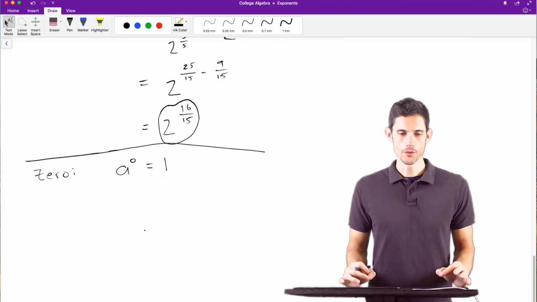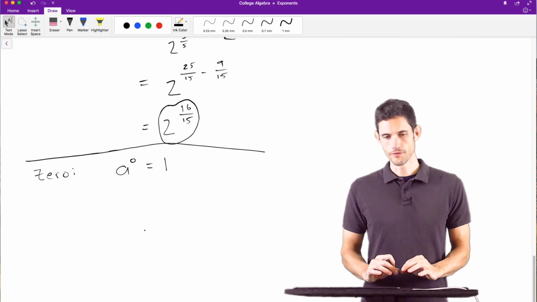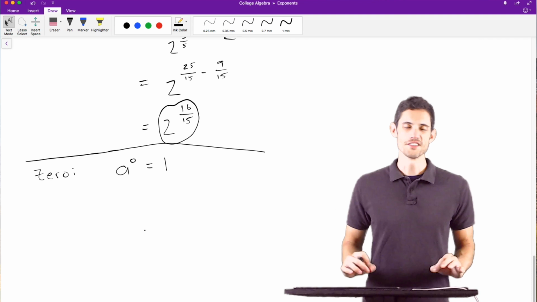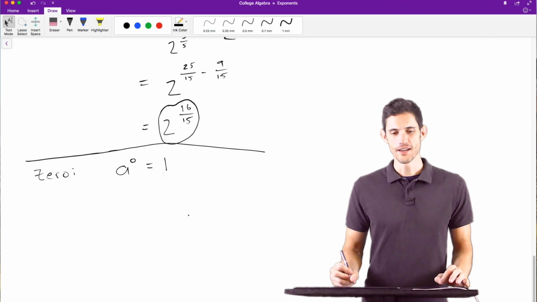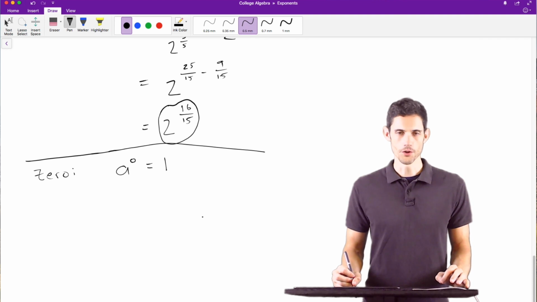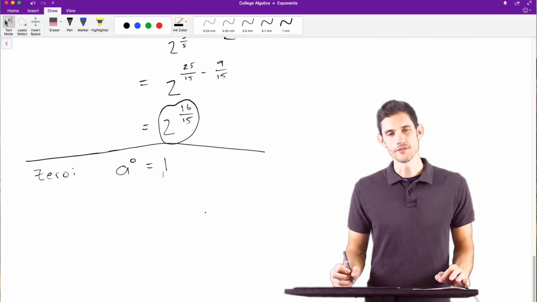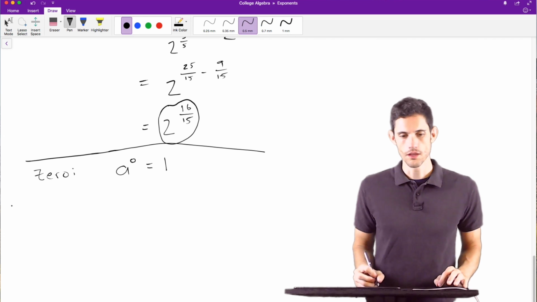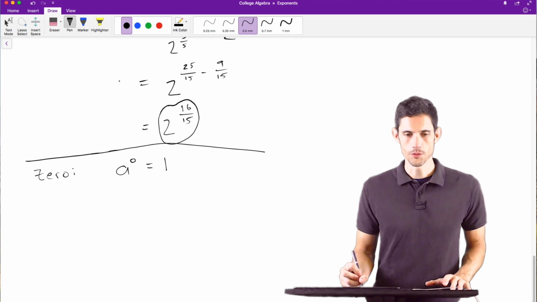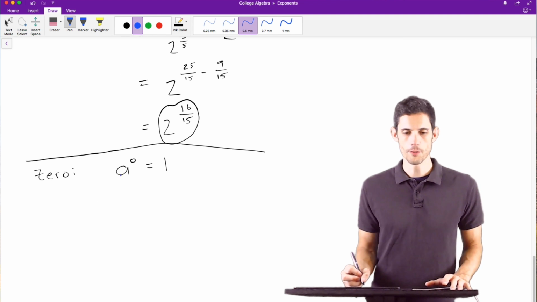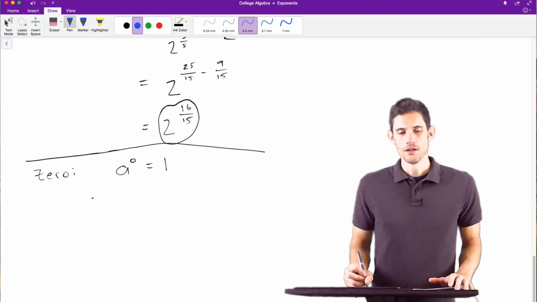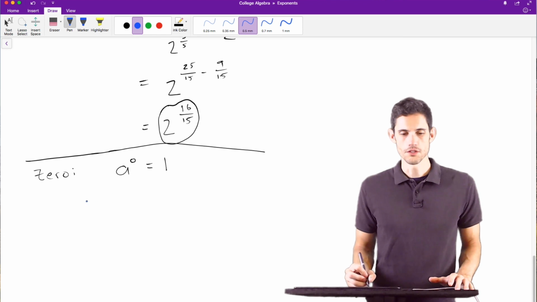I don't want to get into group theory, but there's an additive identity, which is 0, and there's a multiplicative identity, which is 1. So, if I'm adding numbers together, this is very much an aside and not college algebra, but just in case you're interested, the additive identity is 0.